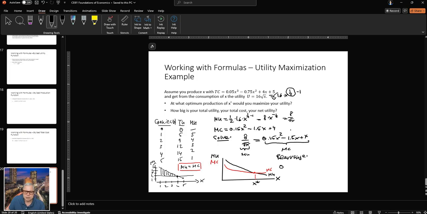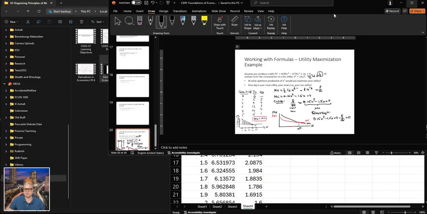Then we get 0.15 x squared minus 1.5 x plus 4 minus 8 over the square root of x, and that has to be equal to 0. So we just rearranged what we needed to solve here.